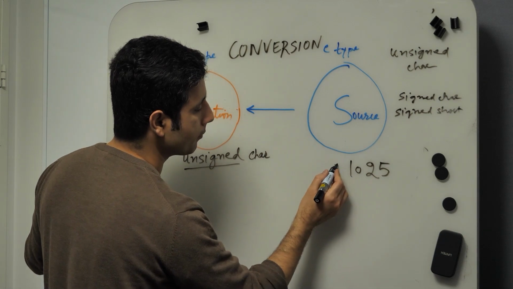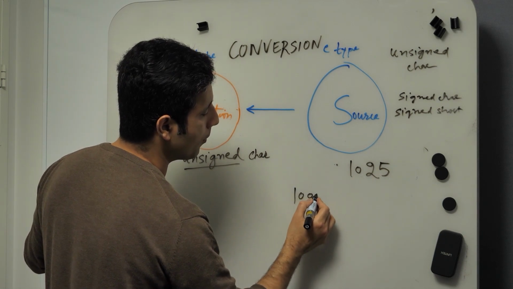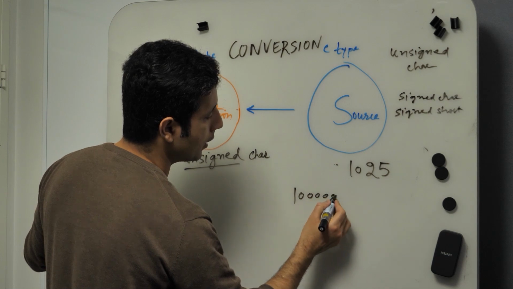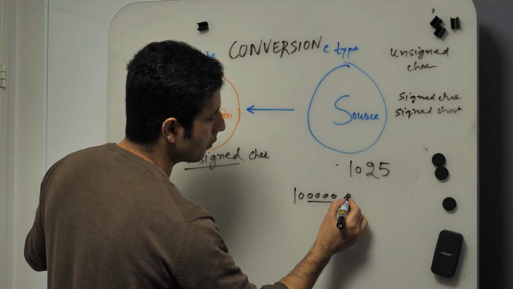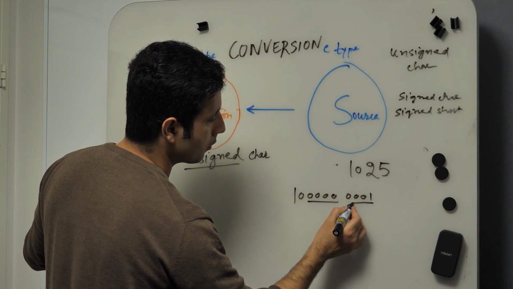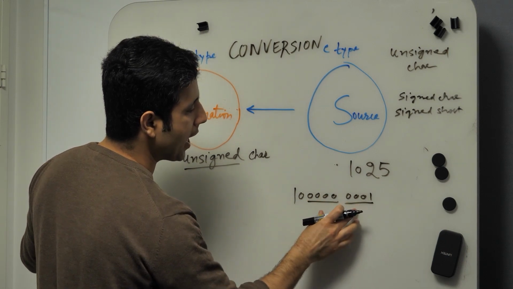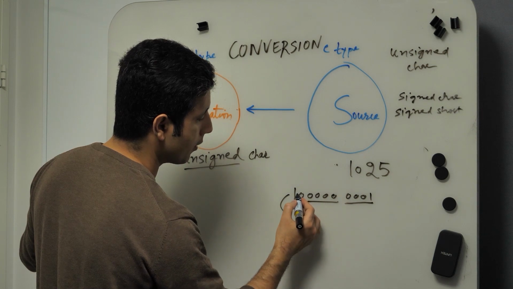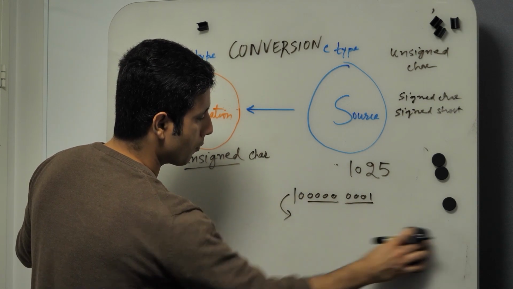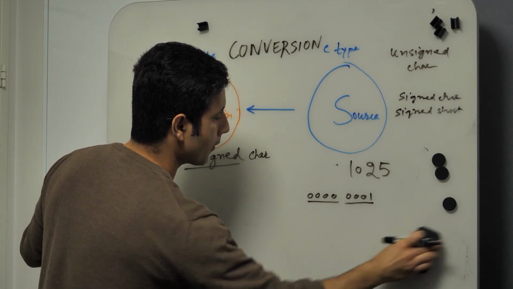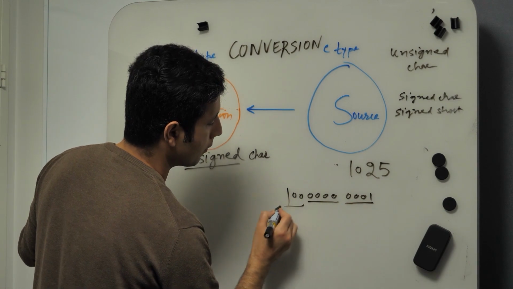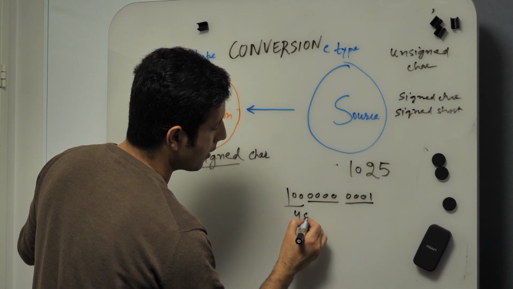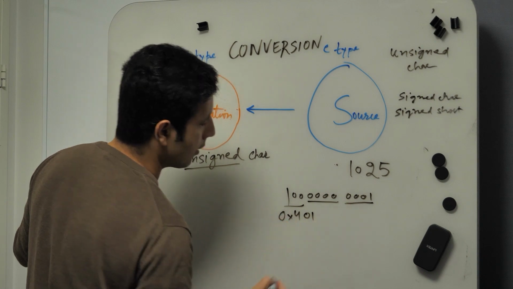This would be 1 followed by 9 zeros and 1. Or you could even write it as, I think, 401 in hex.